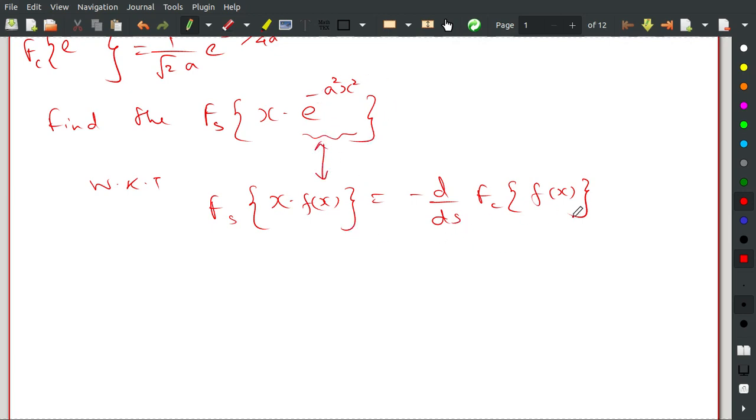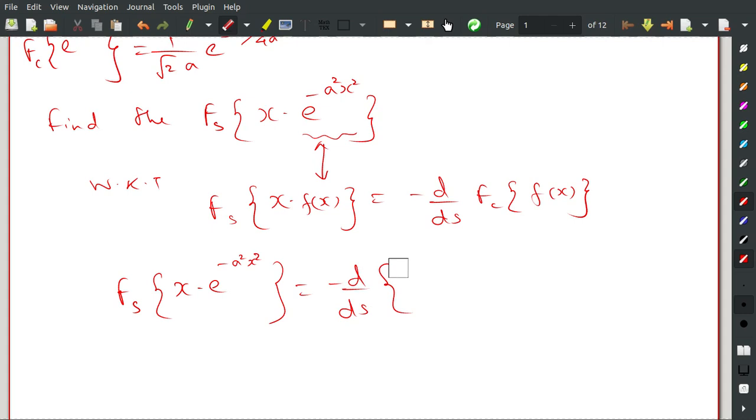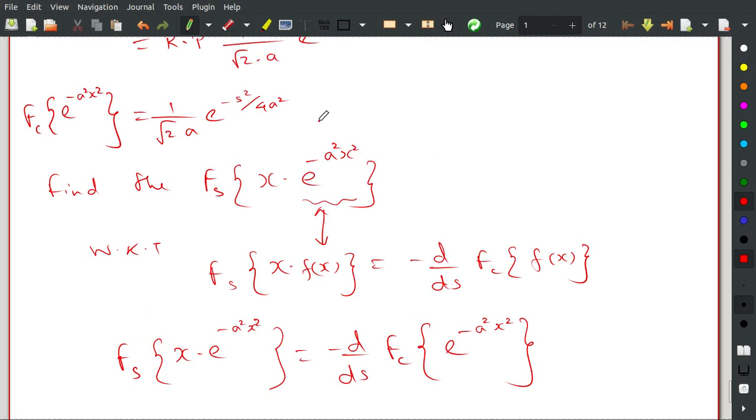Okay, so we can write this Fourier sine transform of x into e power minus a square x square equals minus d by ds of, and instead of f of x we have to find the Fourier cosine transform of e power minus a square x square. So this is what we have already done here, so we can substitute this here.